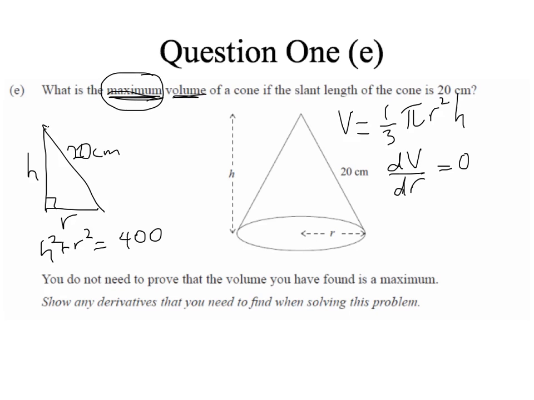Now, in this case, what I'm going to do is say h squared equals 400 minus r squared, and then h is just the square root of that. I could do it the other way around and get an expression for r squared. Doesn't really matter, although looking at it, that might be a simpler way to go.